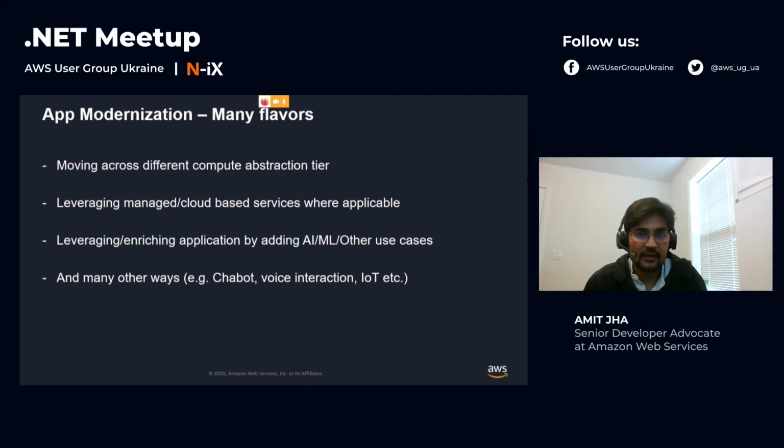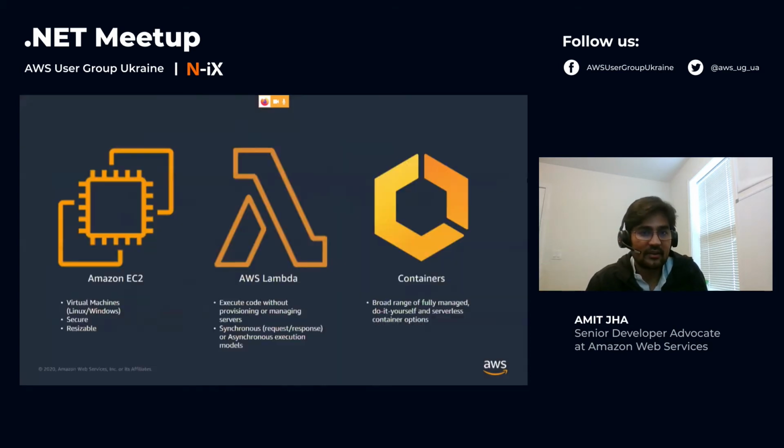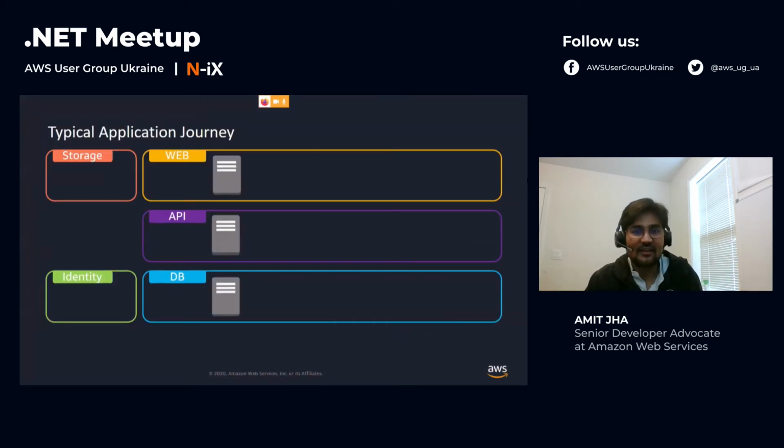It also means leveraging and managing cloud-based services wherever applicable, and enriching a legacy application by adding newer use cases. I just showed you an example of using Comprehend. You could use another AWS AI service, like some customers I have seen who enable chatbots inside their applications, integrating voice interfaces. So modernization could mean many things, but at the bottom, it's the abstraction tier.